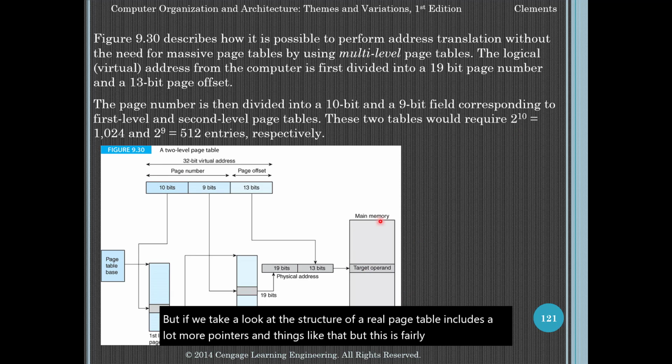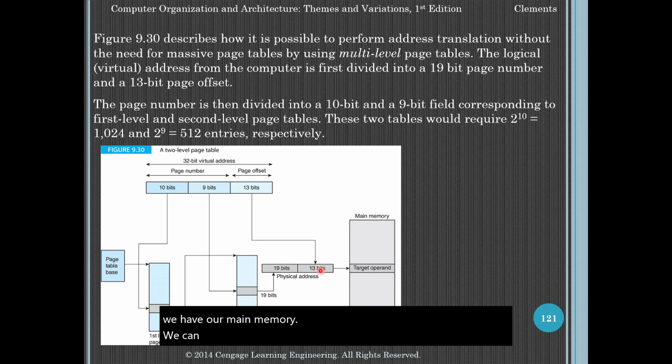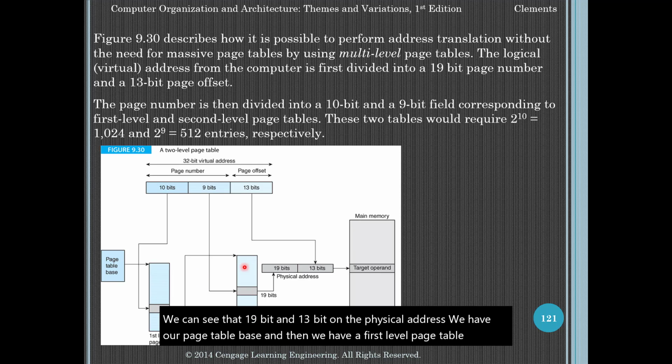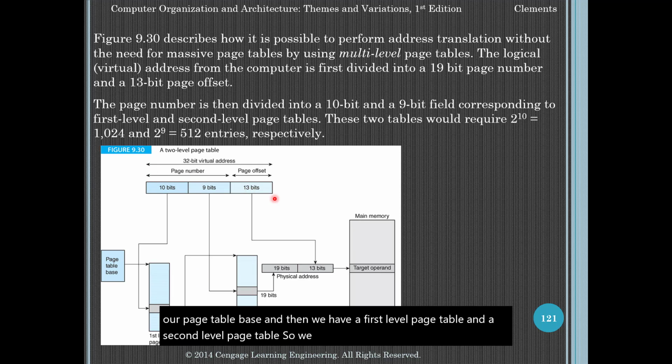So we have our main memory. We can see the 19-bit and 13-bit on the physical address. We have our page table base, and then we have a first level page table and a second level page table. So we can break this data up into multiple layers, which allows us to work with larger page files in a smaller way.